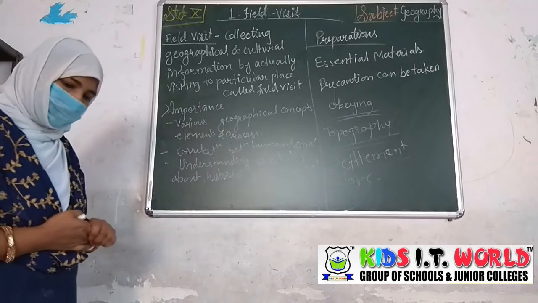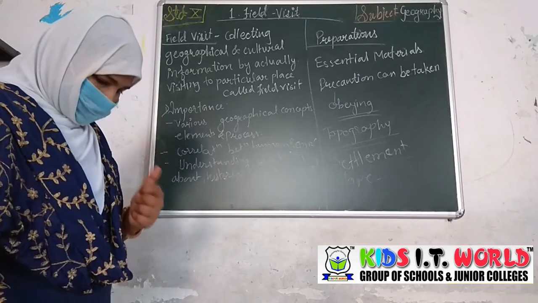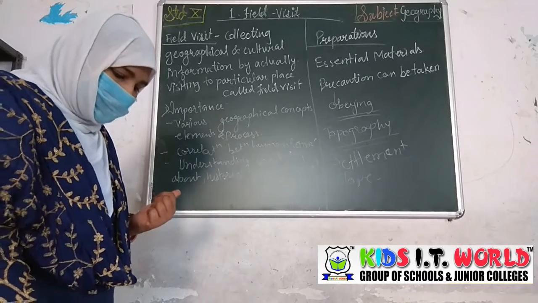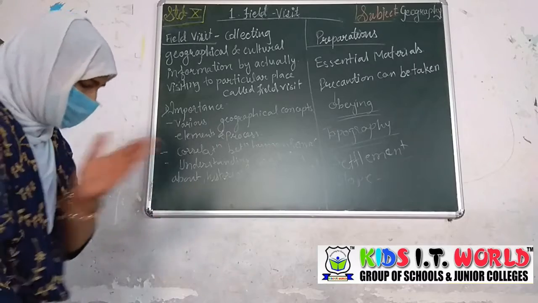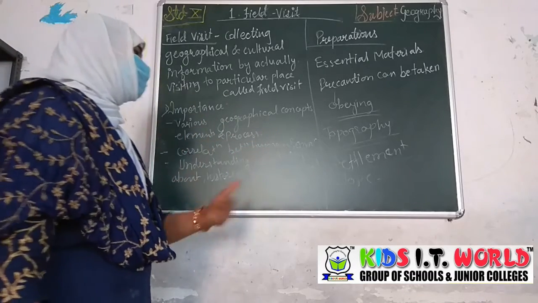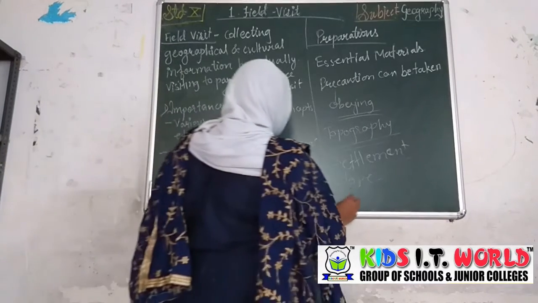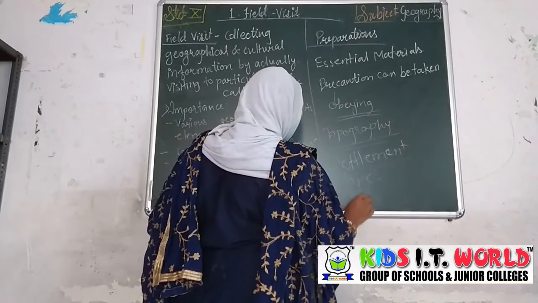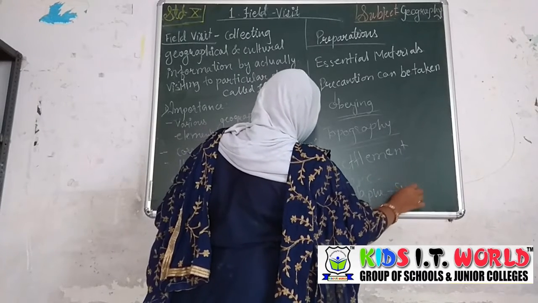Okay, then next they observe the cultivation. What kind of cultivation there? So when they move away from the city, they observe the types of cultivation. Solapur city is known as the leading producer of sugarcane.